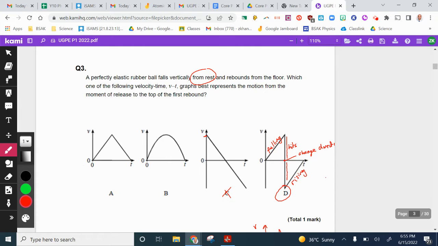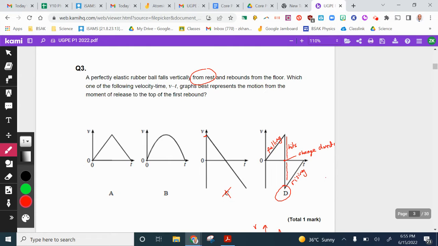So when it slows down, it slows down to zero speed upon impact, and then increases speed in the opposite direction. So what we are looking at is for an increase in speed when it leaves the surface.